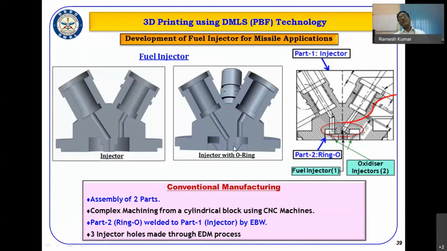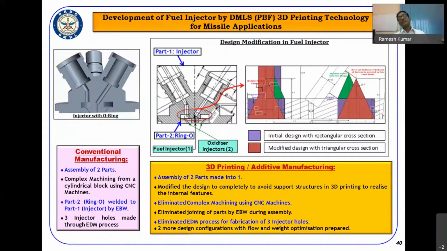That type of feature we can't build in the metal 3D printing process, because we would need to provide support structures. But it is not possible to take them out, because we are clubbing the assembly of 2 parts into one through additive manufacturing, so there would be no way to remove those support structures.